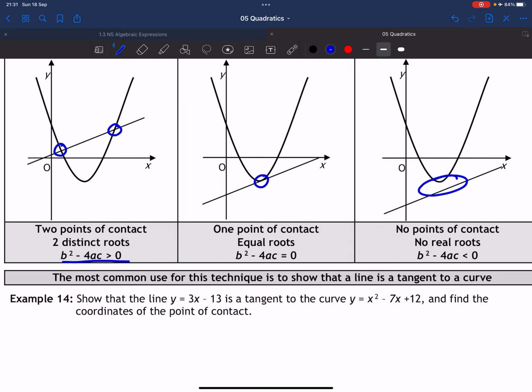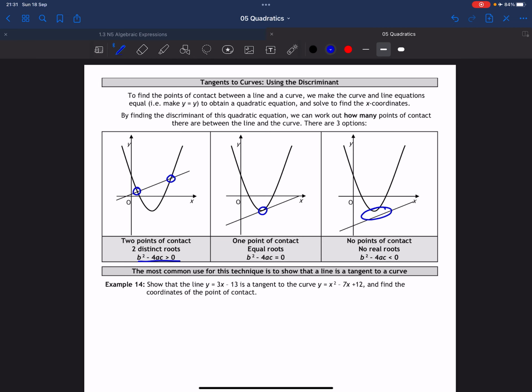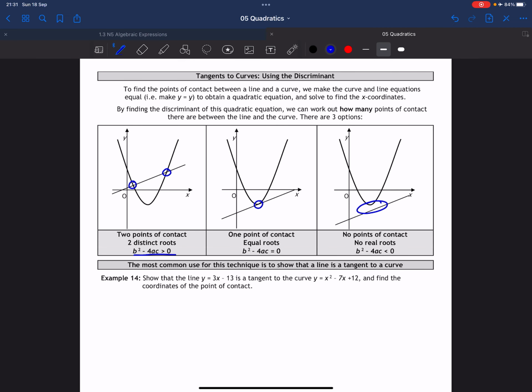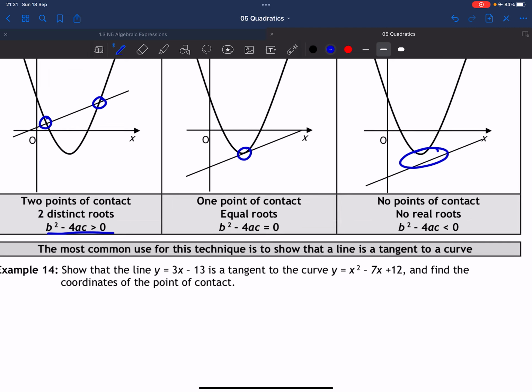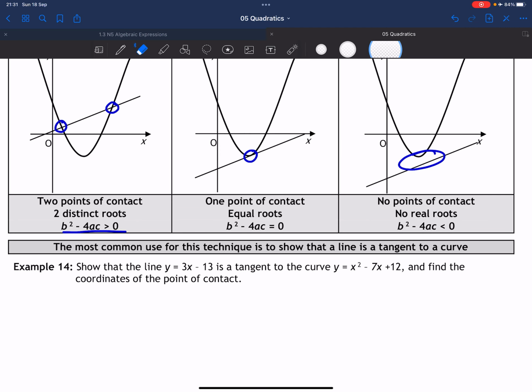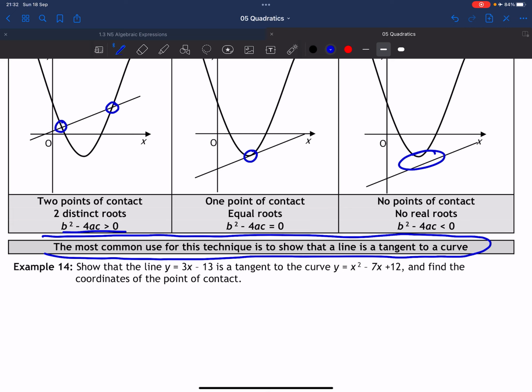Those are three main facts that sum up how we work through quadratics here, and you need to commit these three situations to memory. As it says in the box here, please highlight this in your notes: the most common use for the discriminant is to show that a line is a tangent to a curve.